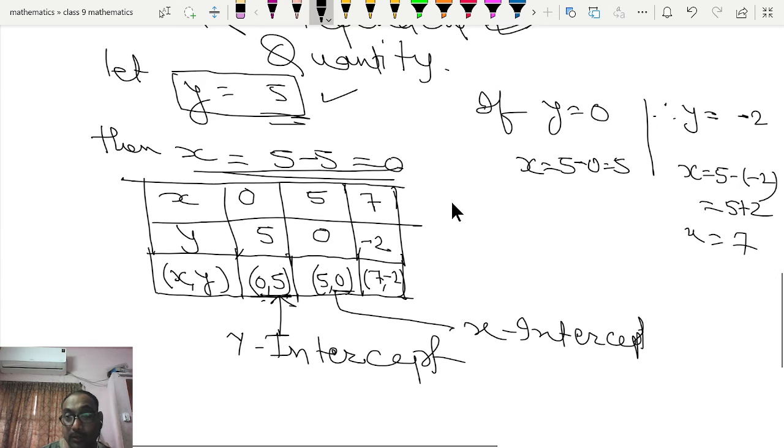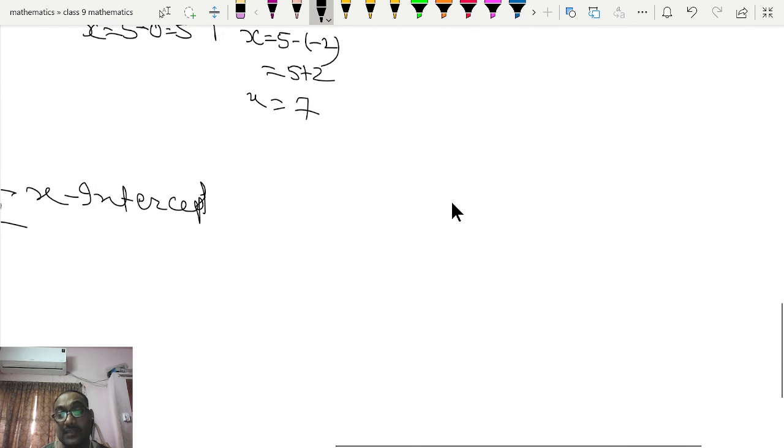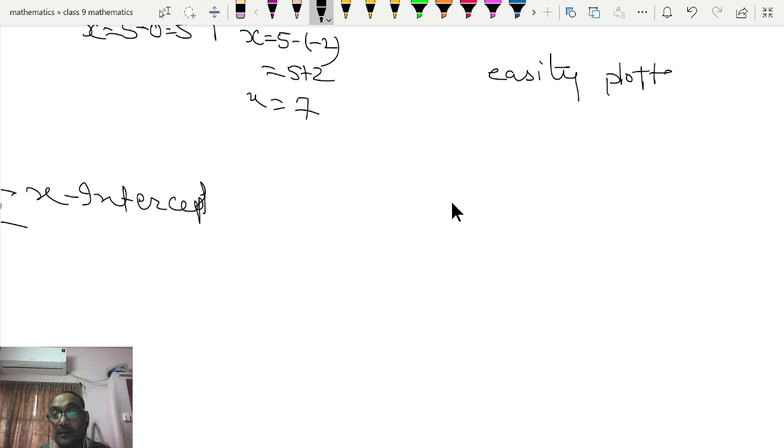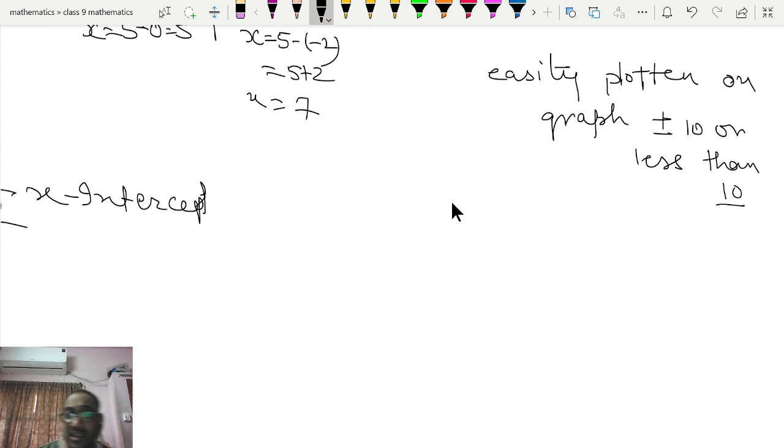So I will tell all the children, these values should be easily plotted on a graph. It means 10 or plus minus 10 or less than 10, so that you can plot it easily on the graph paper.